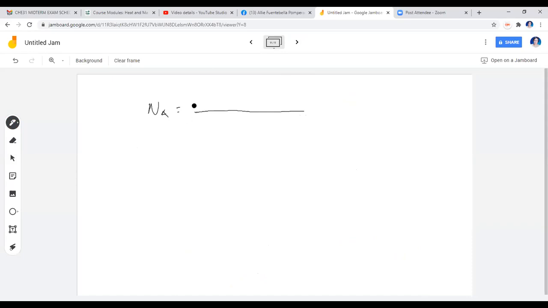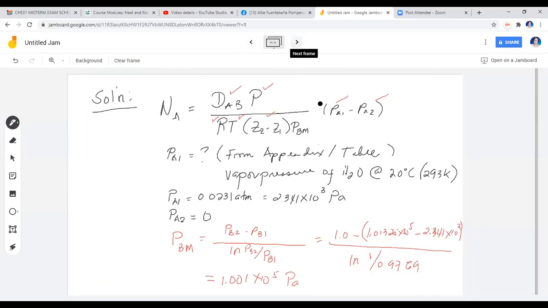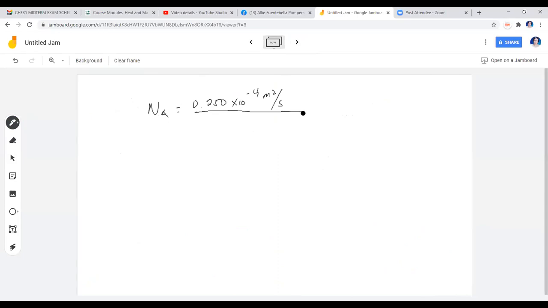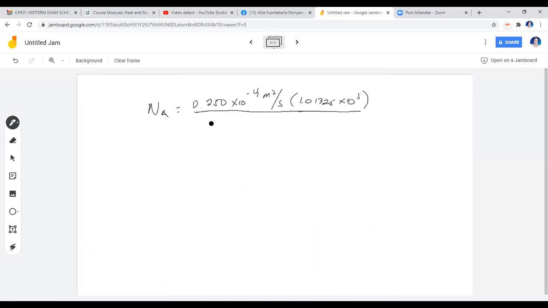I will use the original molar diffusivity of 0.250 times 10 raised to negative 4 meters squared per second, multiplied by the total pressure. Since I have SI here, I need to use SI also: 1.01325 times 10 raised to 5 Pascal. And then that would be RT.